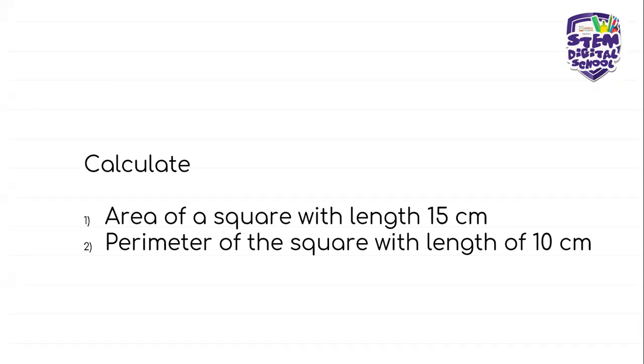Remember that in a square, you simply multiply the side by 4, because a square consists of 4 sides, so our perimeter will be 4 multiplied by the side. In this case the side is 10 centimeters, and 10 times 4 will be 40 centimeters.